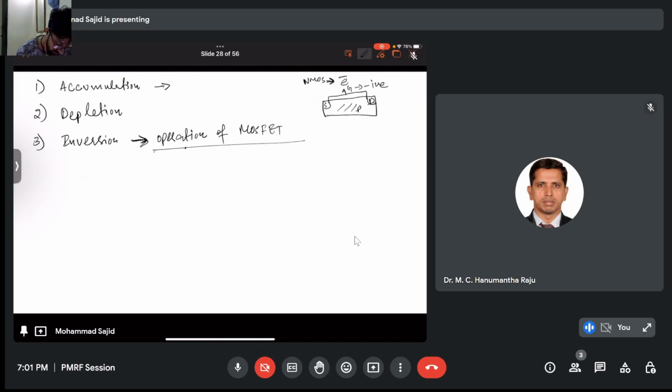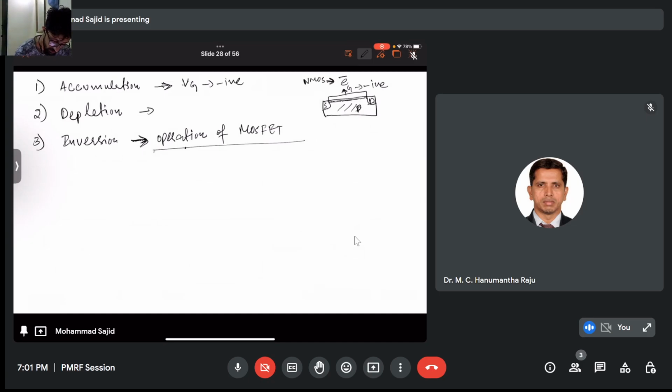Accumulation means getting piled up, same carriers as that of your substrate. So what happens is, if you apply negative voltage, it will attract more holes in this region. So holes will get piled up, right? So that is called as accumulation. This happens when Vg is negative.